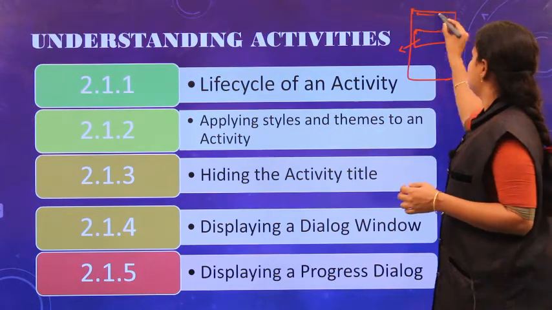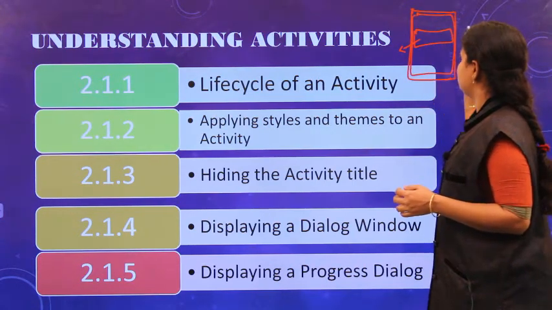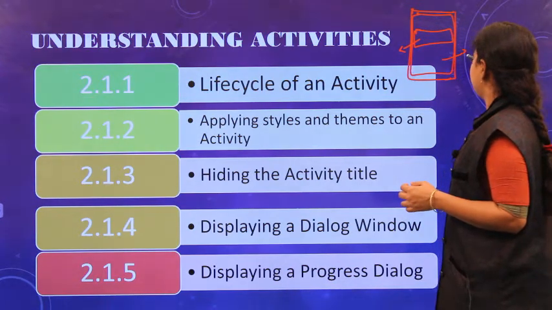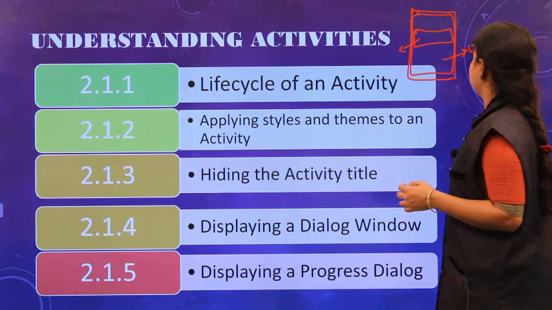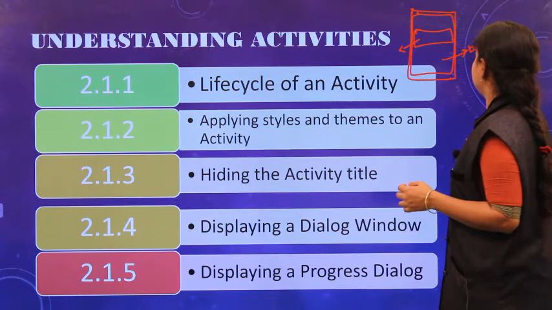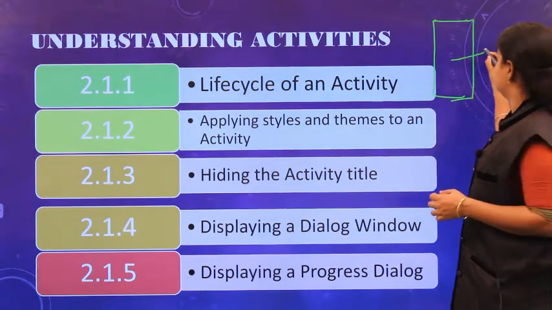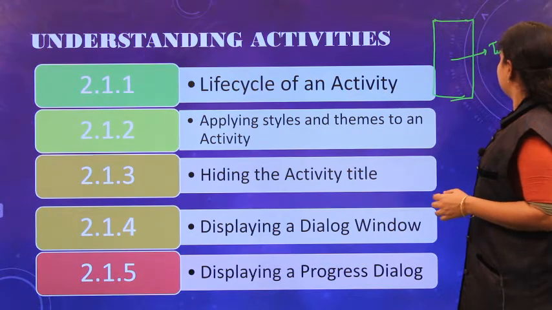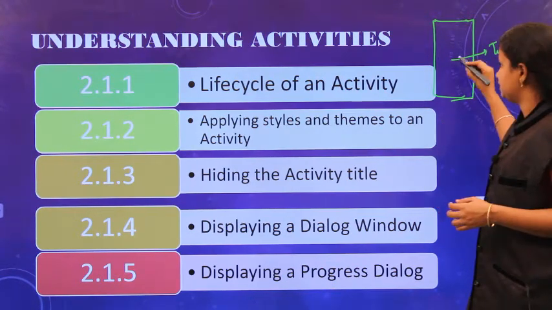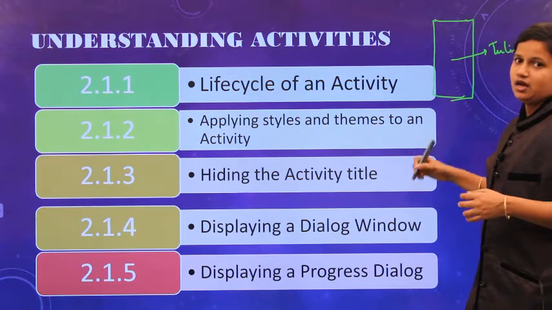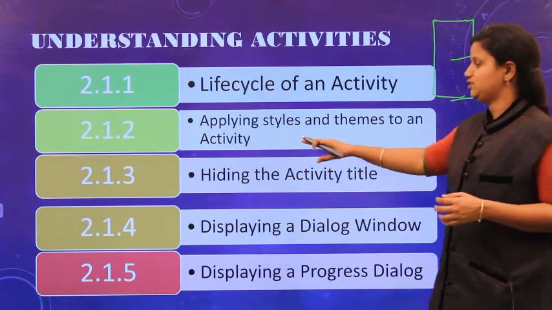For example, I am applying a tulip image. The theme of the activity is a tulip. That means some particular images and themes are added to your activity. How is that possible? That is your second concept.